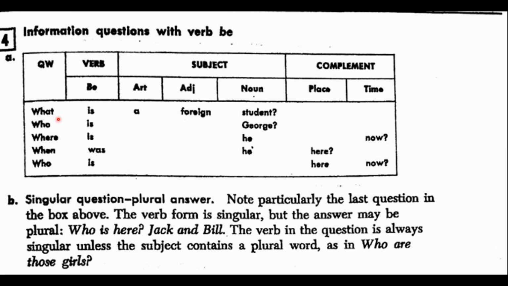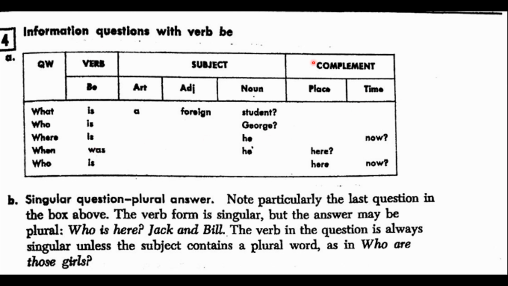For example, what is a foreign student? When someone asks me, what is a foreign student? I cannot respond to his question with yes or no, because the speaker, the person who asks the question, needs details or information from me.